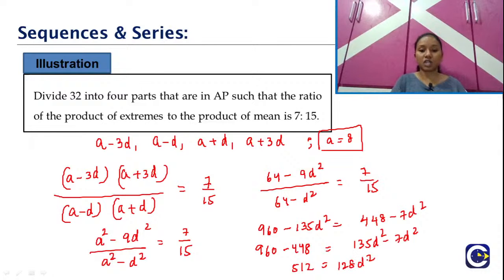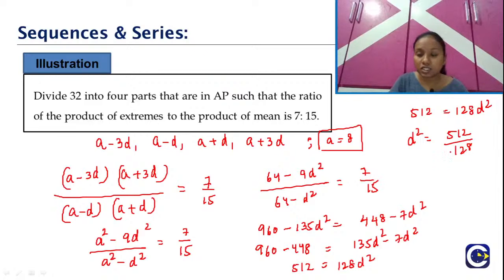So now we have a condition for D square, which is 512 is equal to 128 D square. So D square will be equal to 512 divided by 128. Let's just cancel. That is given by 4. Now D square is equal to 4. That means D will be equal to plus or minus 2.